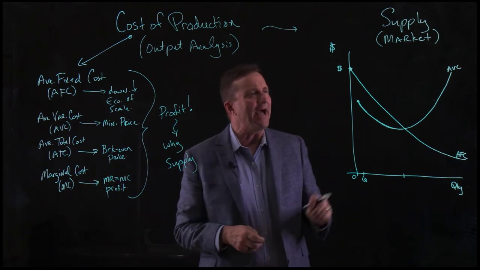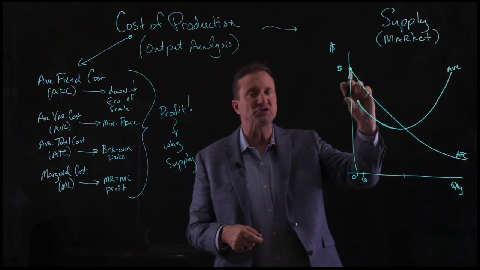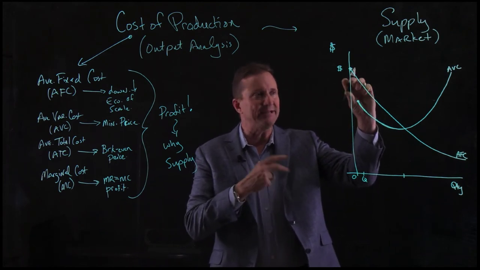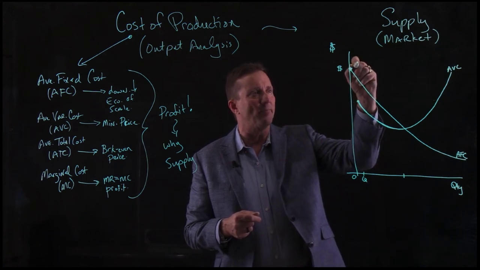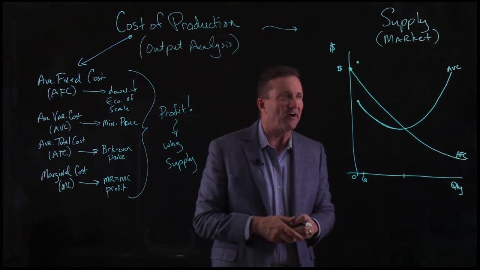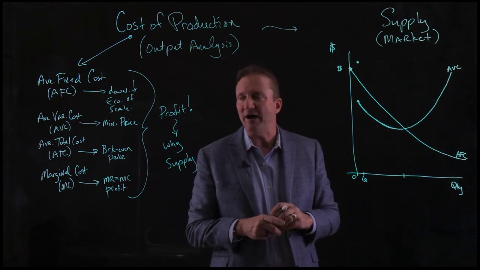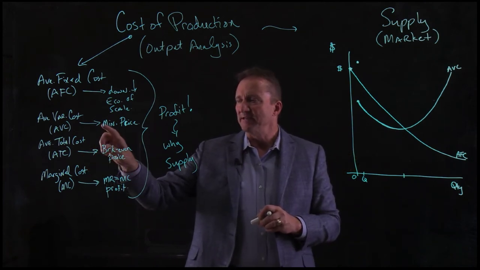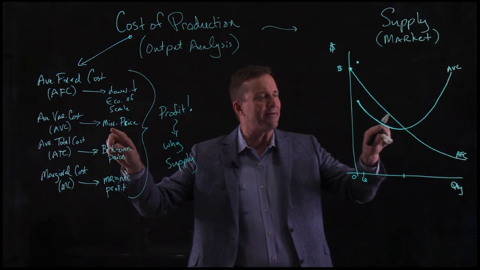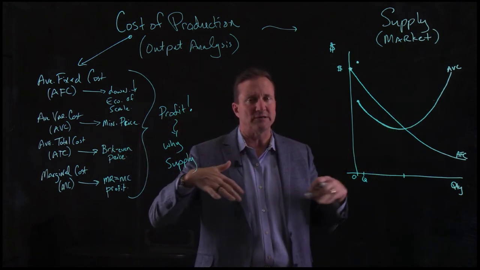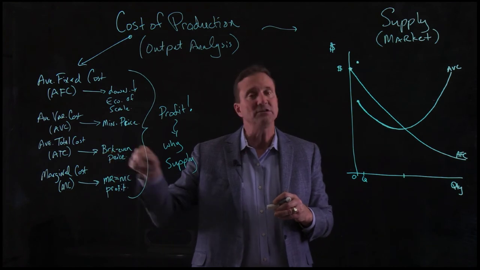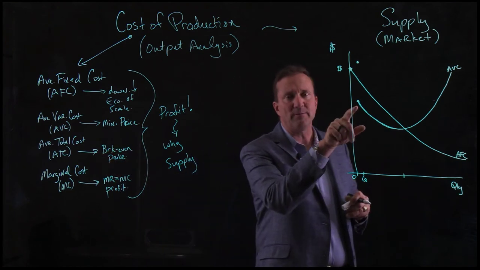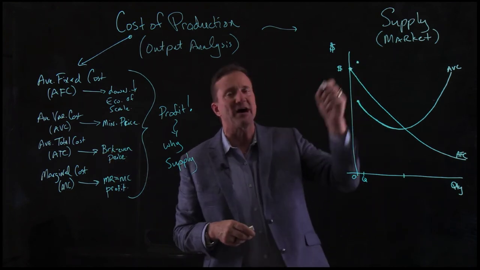All right, average variable and average fixed come together, and I'm going to draw that plus that, and I'm going to go up here and draw another dot, and then I want to draw average total cost. Now, I understand variable is kind of my minimum, so that's kind of like the lowest I would deal with, but total cost is also important. So I'm going to take variable, fixed, add them together. That's why I put a dot up here.